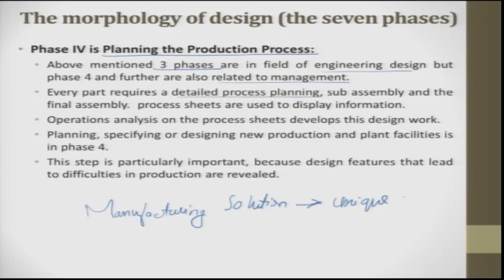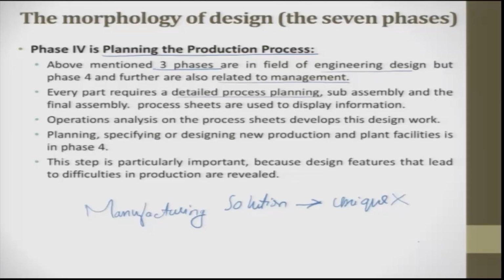You try to take the best decision keeping time, material available and cost as the constraints, and then you prefer one particular solution. A solution which worked very well in one part of the world need not work in the same way in the other part of the world. Okay. So, for manufacturing solutions, there is nothing called unique. You will have to choose the best solution given the constraints.